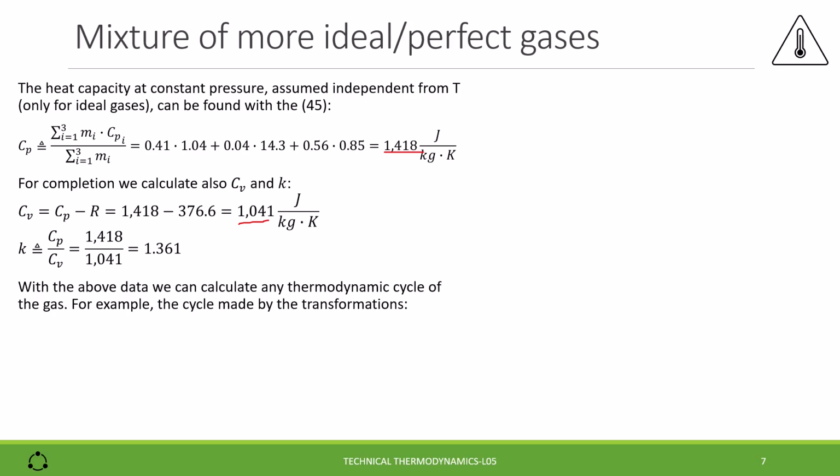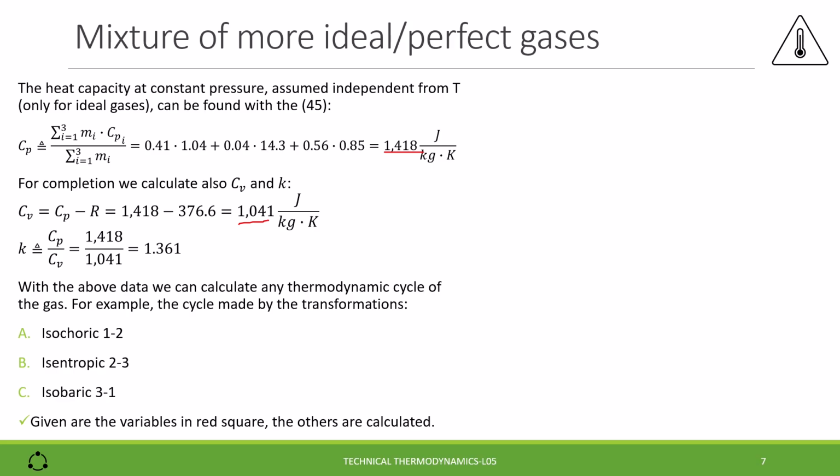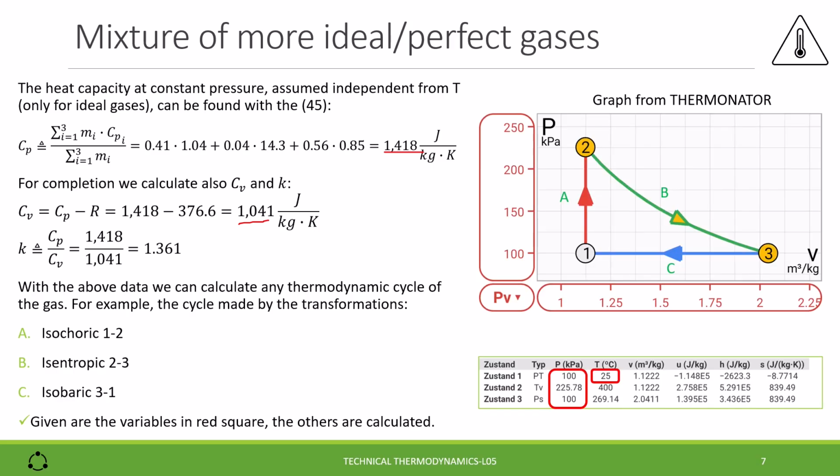With the above data, we can calculate any thermodynamic cycle of the gas. For example, the cycle made by the transformations A isochoric 1,2, B isentropic 2,3, and C isobaric 3,1. Given are the variables in red square and the others are calculated.